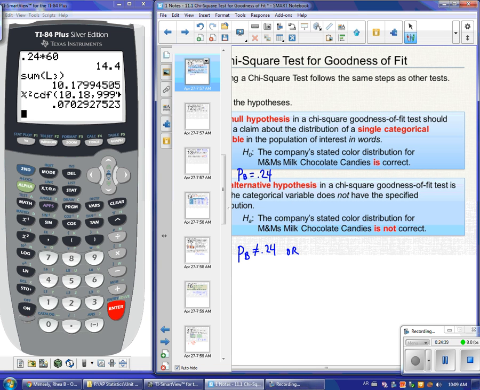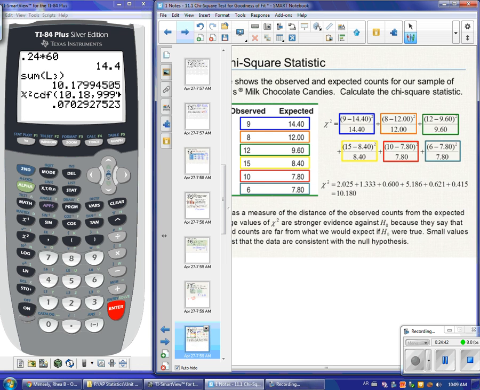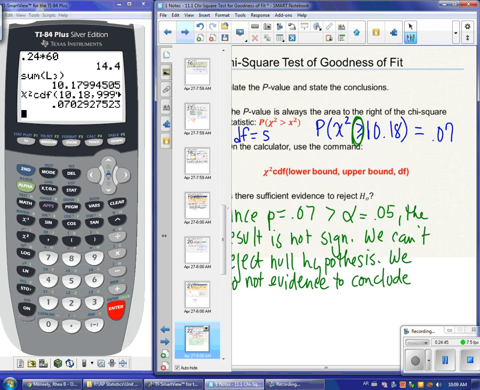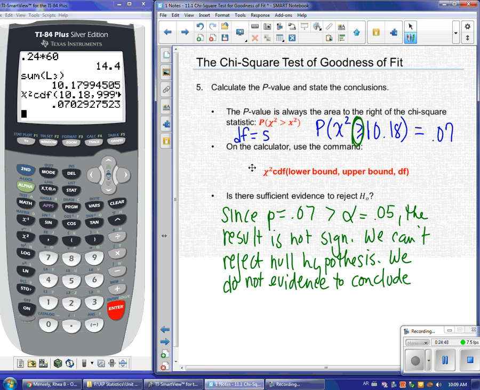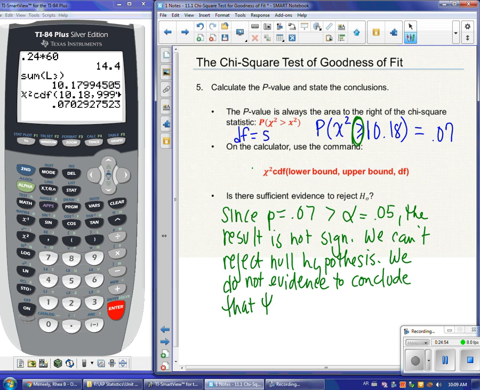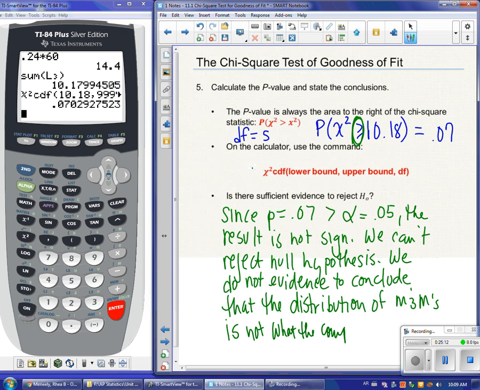So obviously, if my result is not significant, I can't conclude that the company's claim is not correct or that the distribution is not correct. Okay, and that's how you'd interpret it.